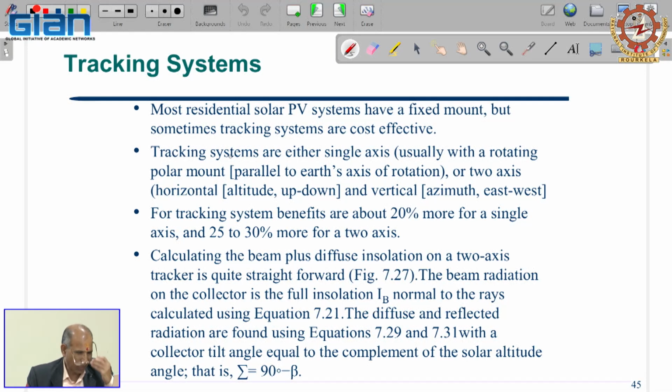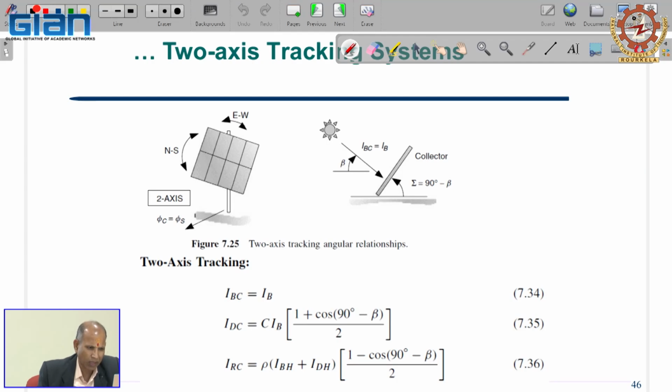So let us see that. Calculating the beam plus diffuse insolation on two axes is quite straightforward. The beam radiation on the collector is full insolation normal to the rays, calculated using these equations; the diffuse and reflected are found using these equations. I am not going into the detail.